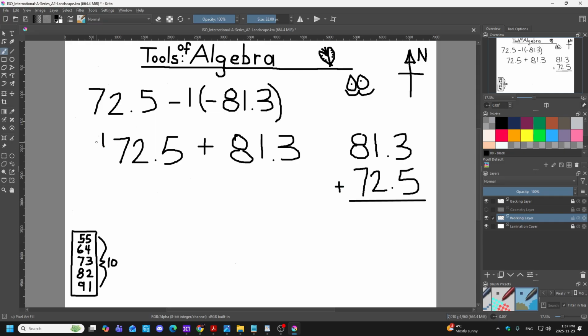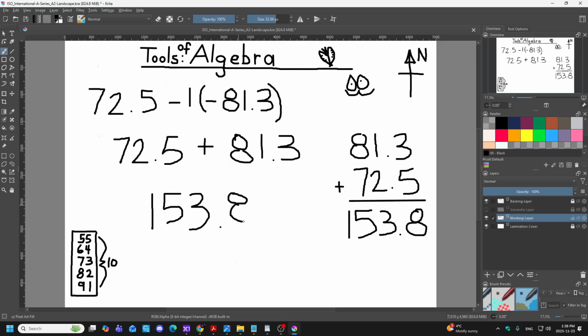Same signs, increasing. 8, 3. I know 8 and 8 is 16. Subtract 1 is 15. Final answer, and I know it's a positive.